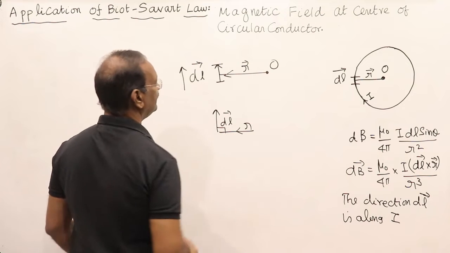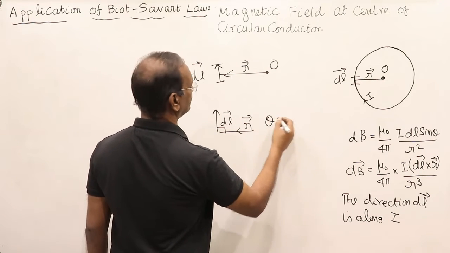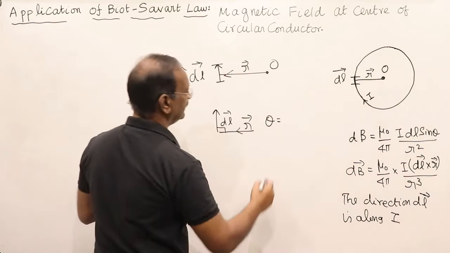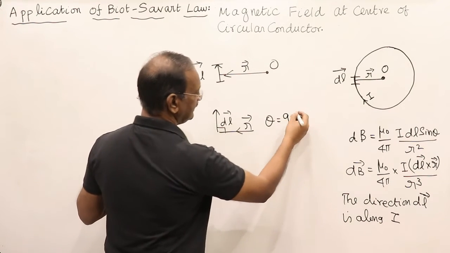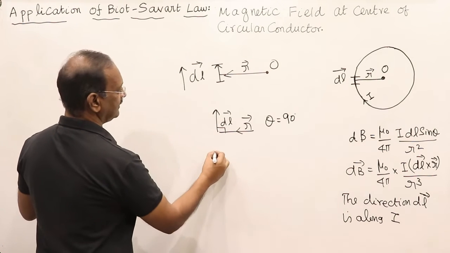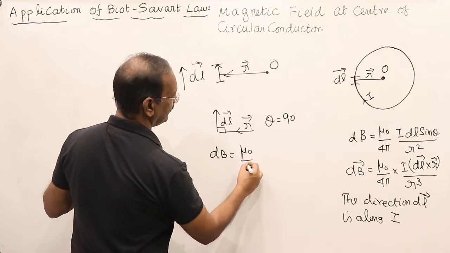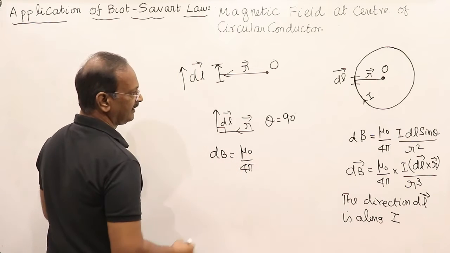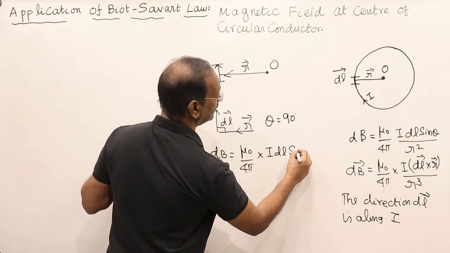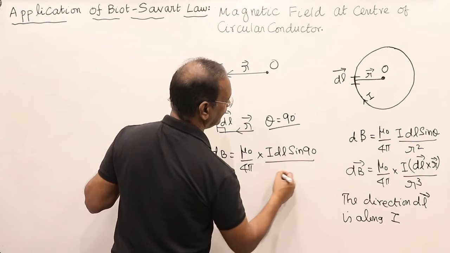What is the angle between dl and r vector? 90 degrees. That is, theta is equal to the angle between dl vector and r vector, theta is equal to 90 degrees. We can use it here also. So we can say dB is equal to mu naught by 4 pi into I into dl into sine theta, theta is equal to 90 degrees, divided by r square.